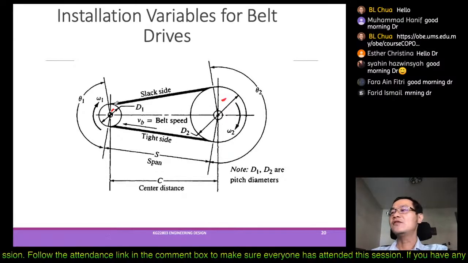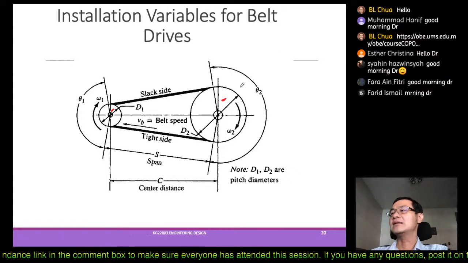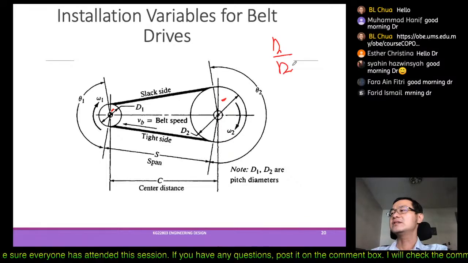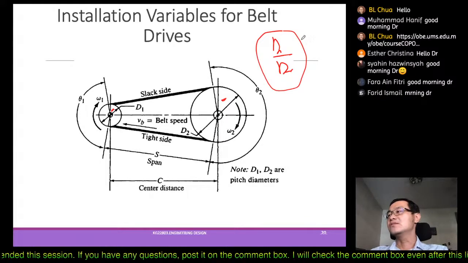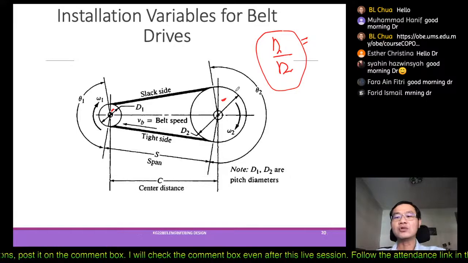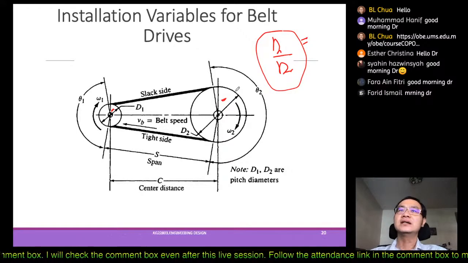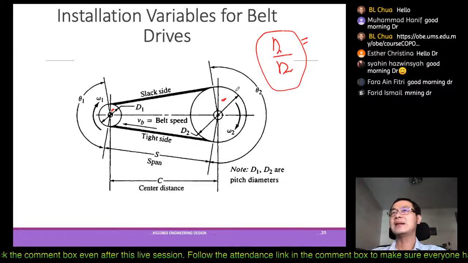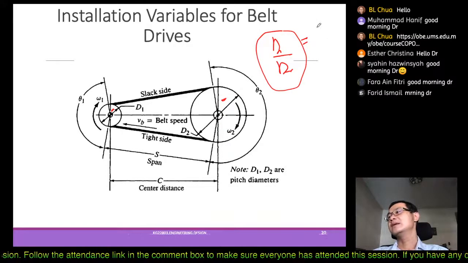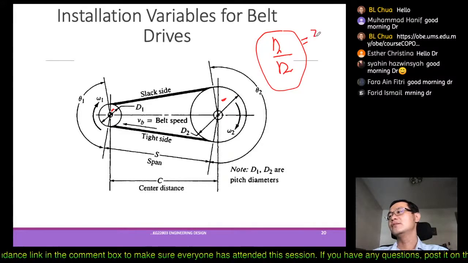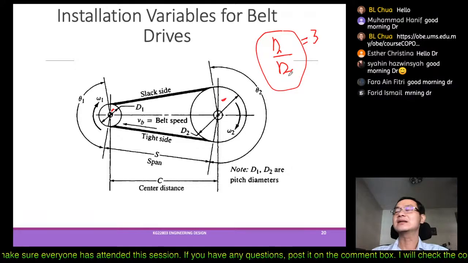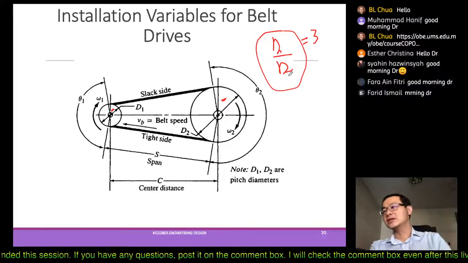manufacturer. So therefore for this diameter, D1 and D2, there is a ratio. This ratio represents the reduction that you want. So you want to reduce the speed by a certain factor. Let's say you want to reduce it 3 times, so this ratio also has to be in that ratio. It should be matched.